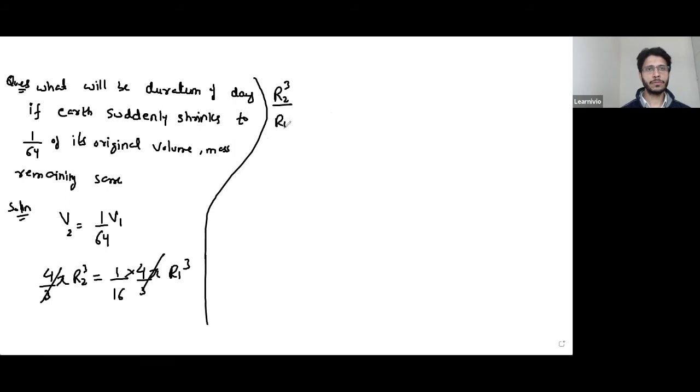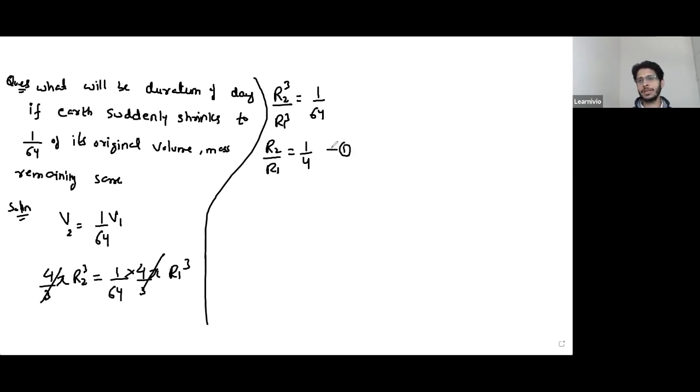R2 cube by R1 cube will be 1 by 64. If I take cube roots on both sides, you will be left with R2 by R1 is 1 by 4. I call this equation number 1.